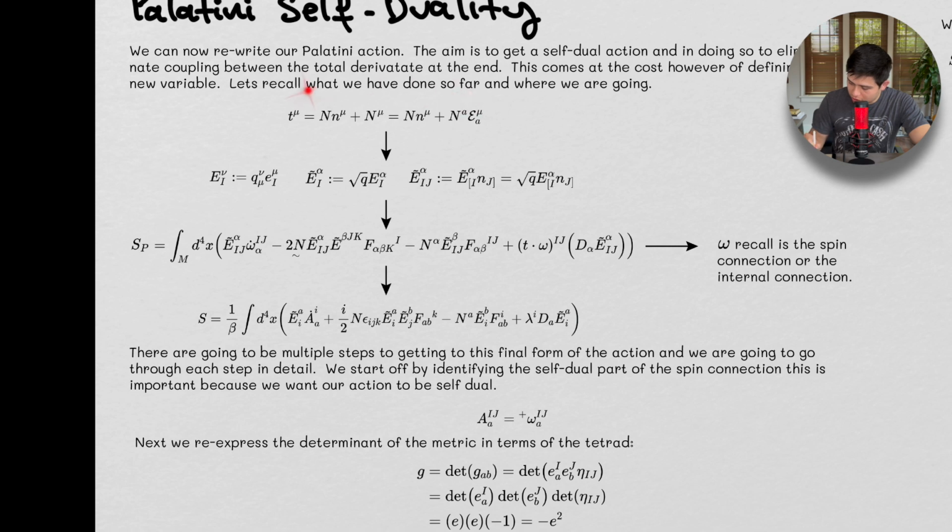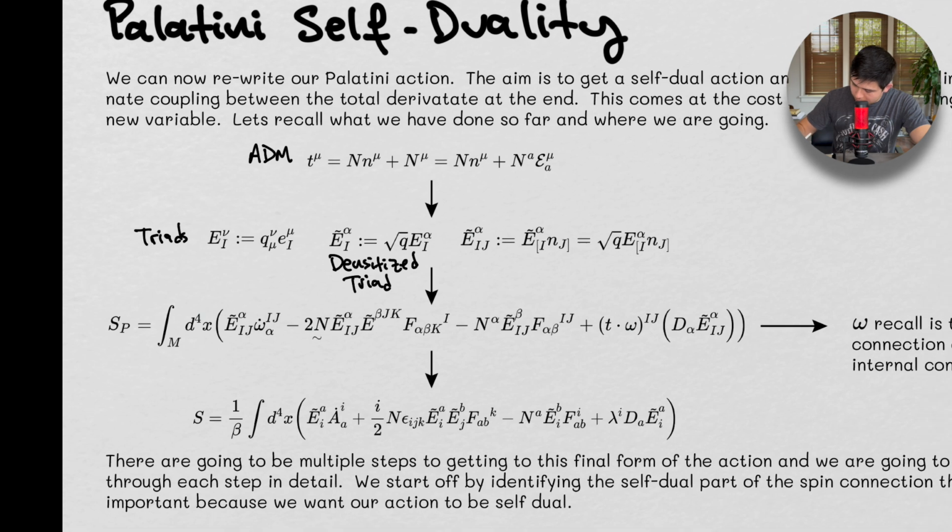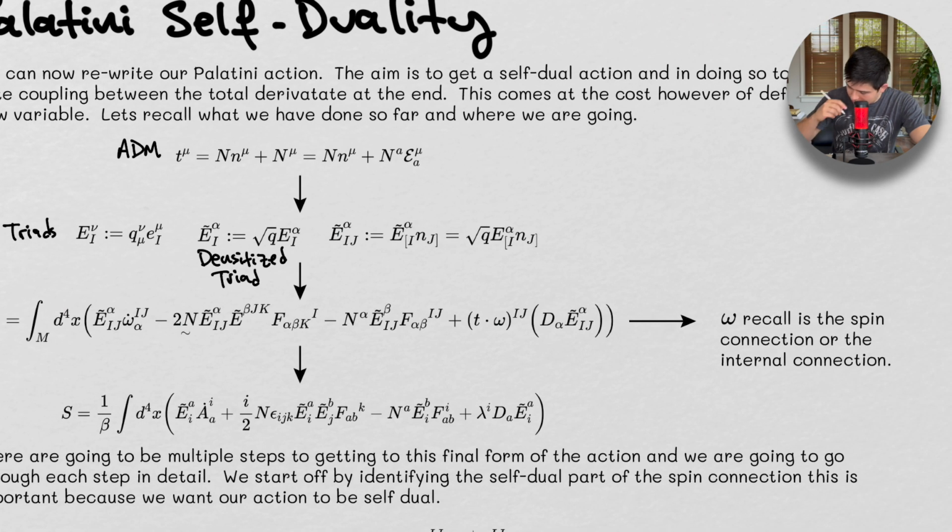So this was really our ADM formalism. Here we were defining our triads. This is our densitized triad, and then the densitized triad connection.